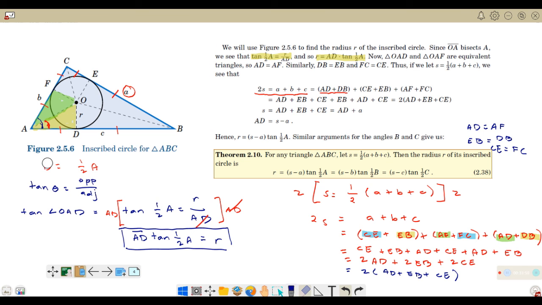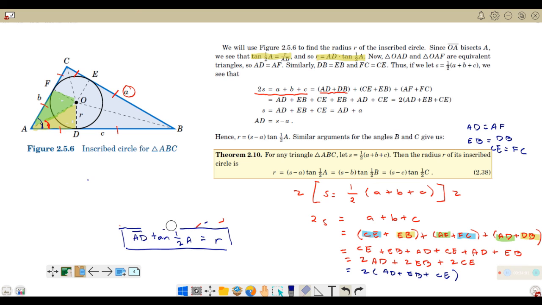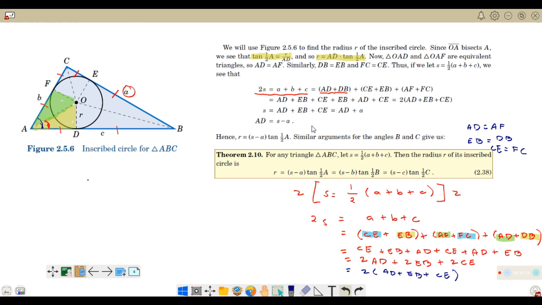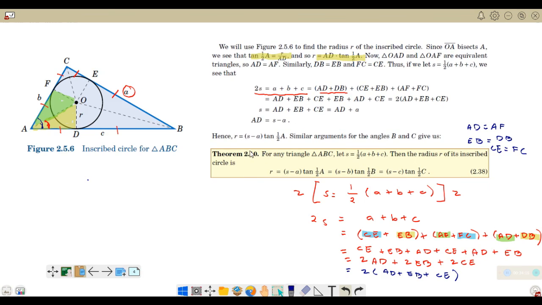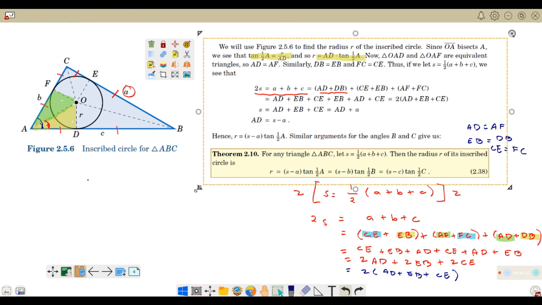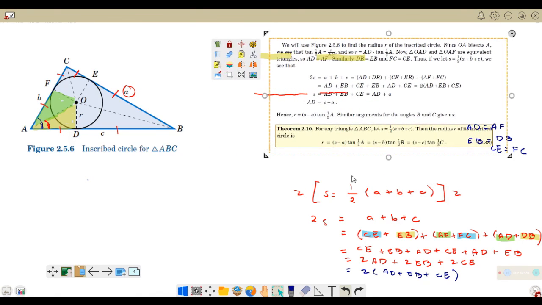Okay, so since gets nyo na to, burahin ko na siya. So we can have more space. Tapos ito, transfer ko lang siya sa kabila. Liliitin ko lang siya ng konti.